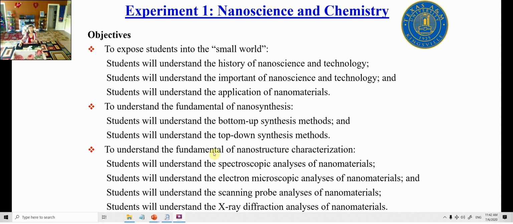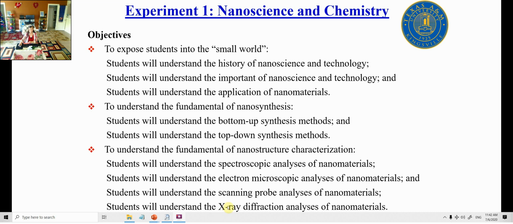So in order to understand the microstructure of your nanomaterials, we are going to use spectroscopic methods to study bond variation, and also we are going to learn electron microscopic methods to characterize the morphology, the elemental composition, and the in-depth fine structure of nanomaterials.